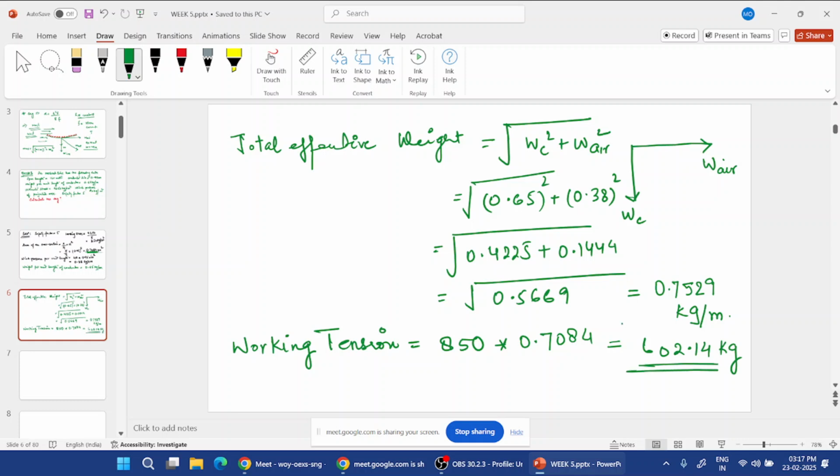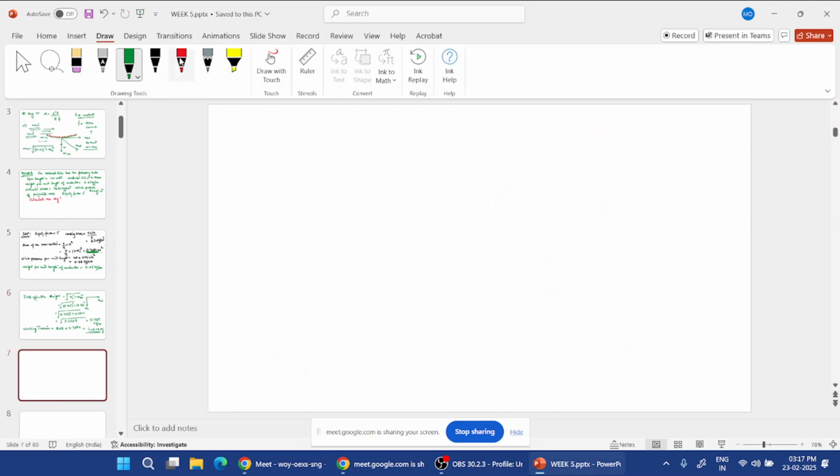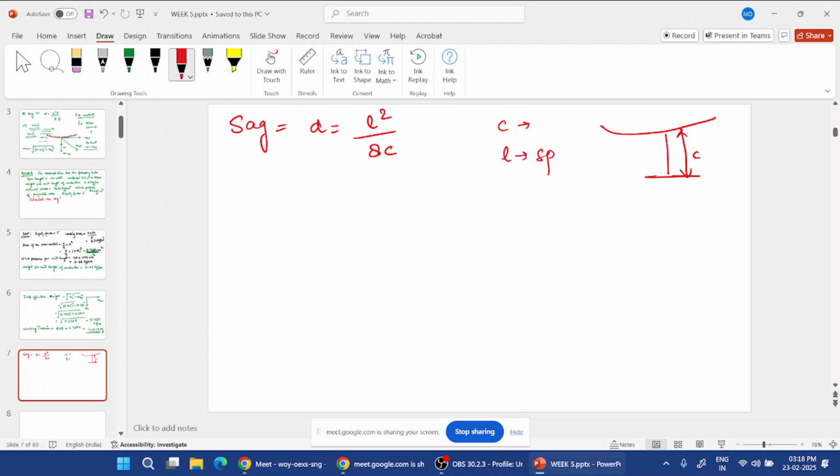Now, as we know, what is the sag formula? I just told you, it is L square upon 8C. Here C is a distance, and L is the span length.